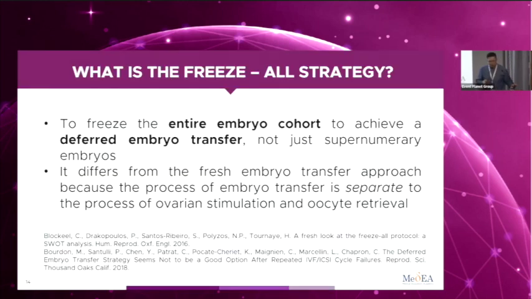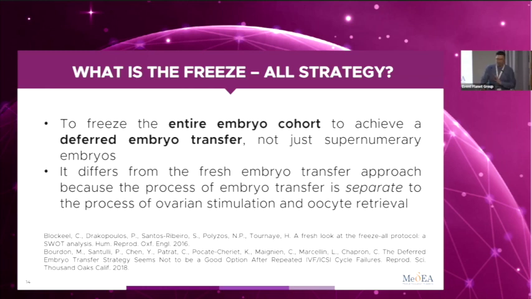So coming to the most important thing, the definition, I think that most of you really know what the aim of a freeze-all strategy is. Essentially, a freeze-all strategy means freezing the entire embryo cohort to achieve a deferred embryo transfer. So you do not just freeze embryos because they are supernumerary.